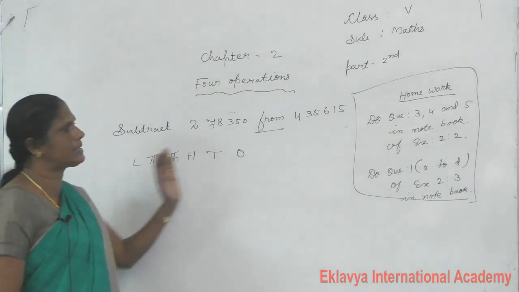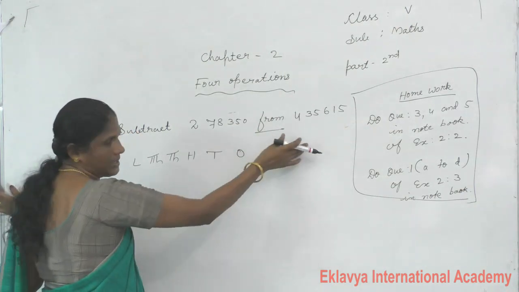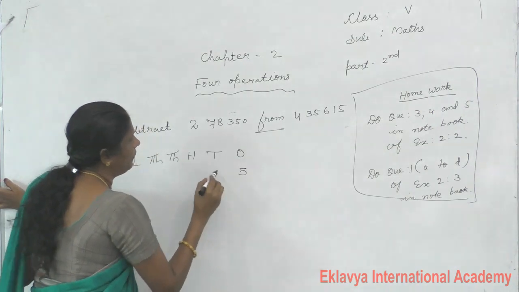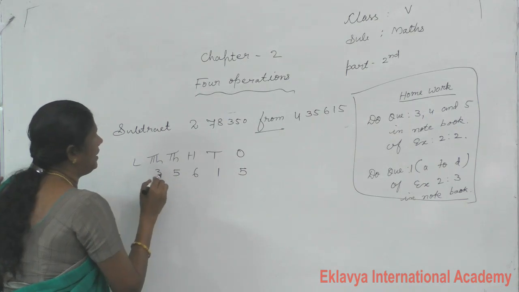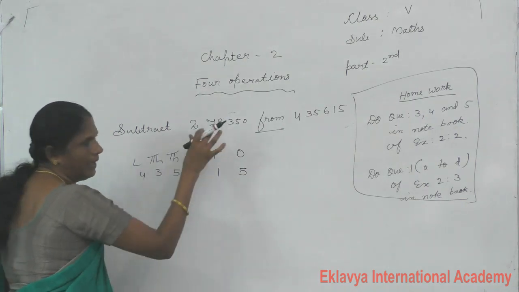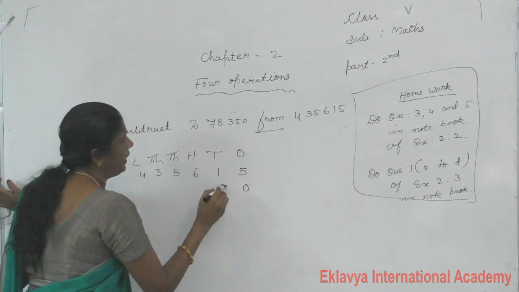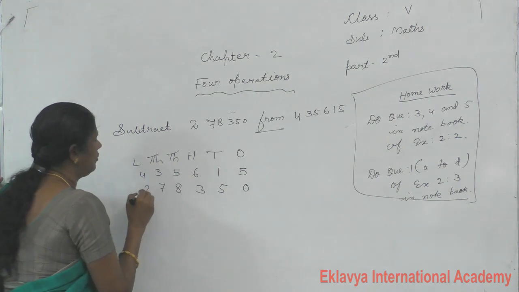Then you write the second number first, according to place value, starting with the ones place: 5, 1, 6, 5, 3, 4. Then the first number: 0, 5, 3, 8, 7, 2.